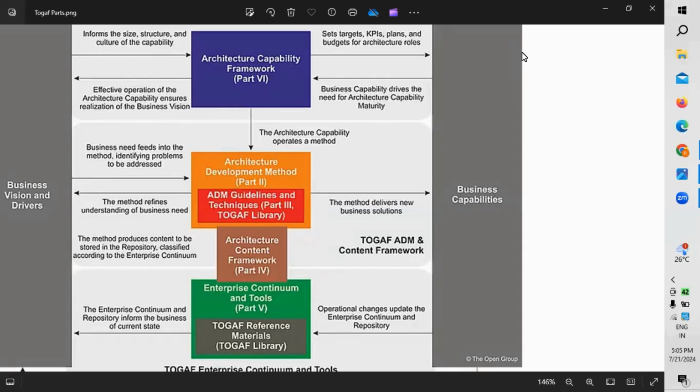In the TOGAF framework, that is where architectural designing comes into the picture. I'll tell you later what architectural designing is. There are also guidelines and principles, a meta model, and architectural development methods. There are different parts which will be a part of the TOGAF framework, which can be used.